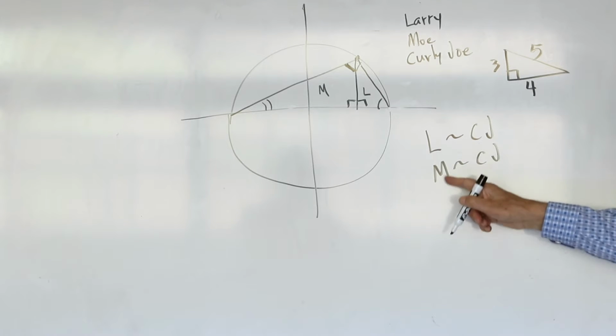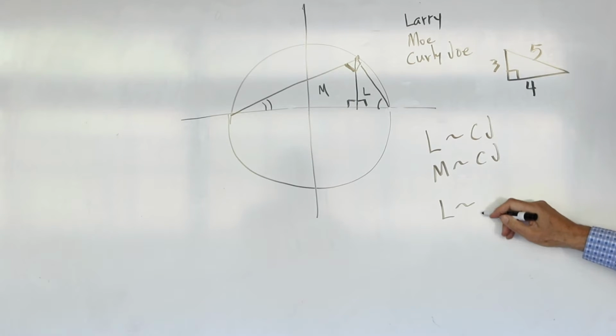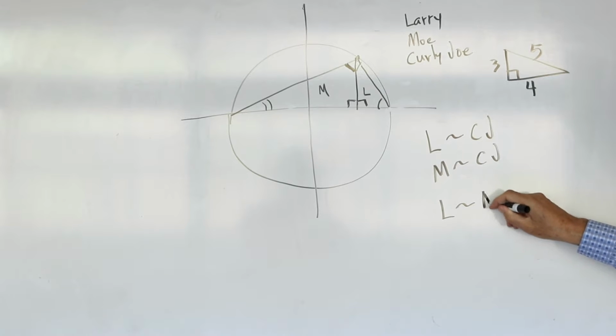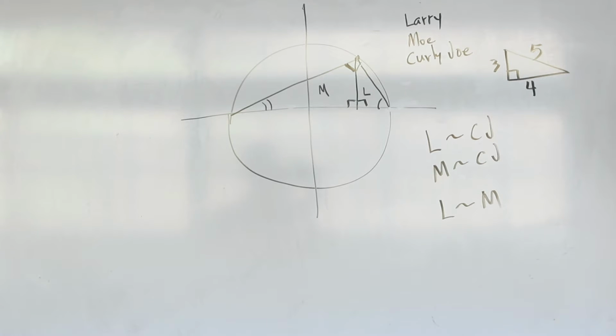So that means Larry and Mo are also similar from transitivity. So we have 3 similar triangles. There's a theorem, actually I forget if it's a theorem or a postulate, that if you have similar triangles, the corresponding parts are in proportion, which means you get equal ratios.